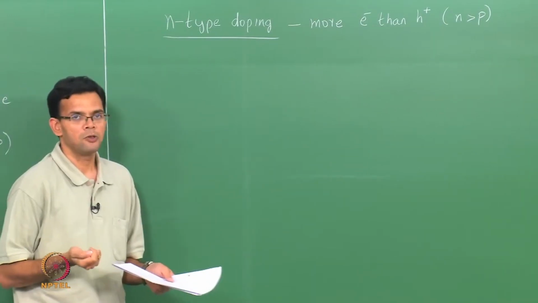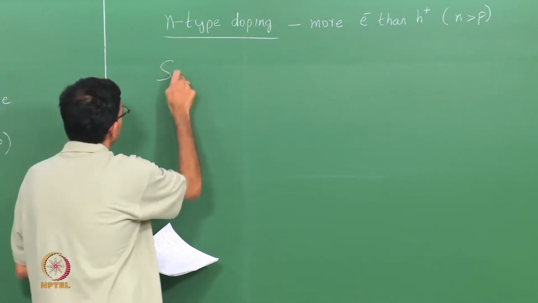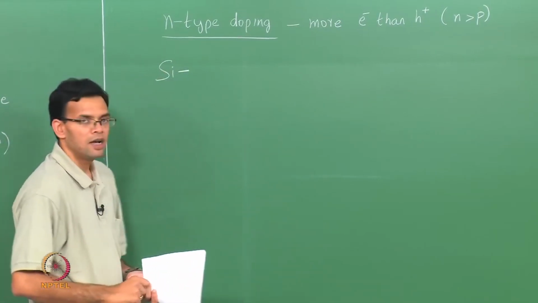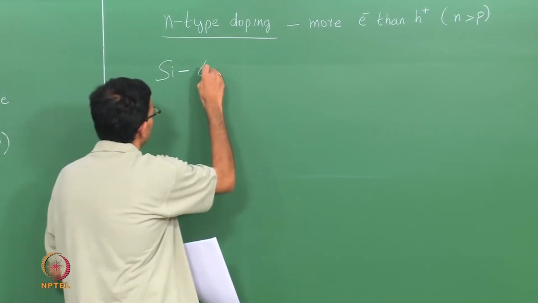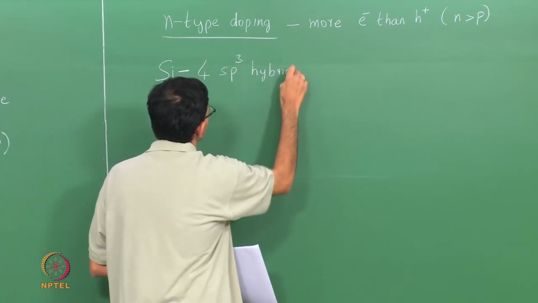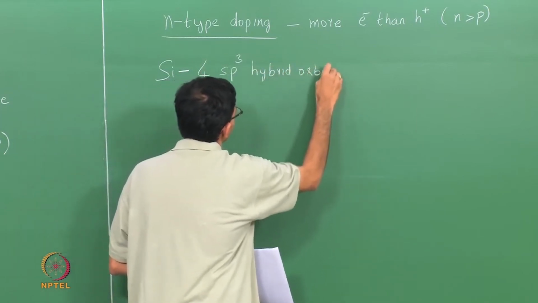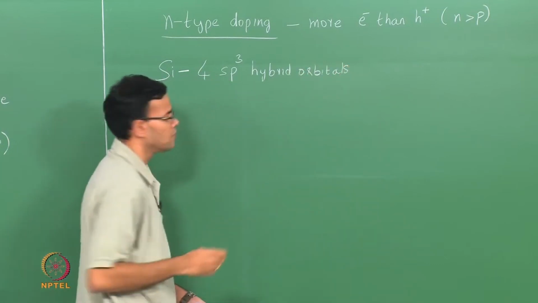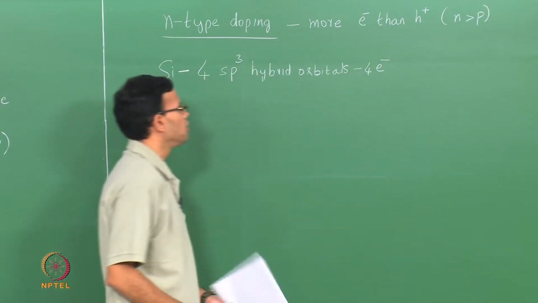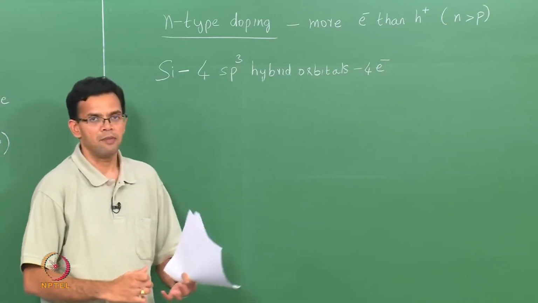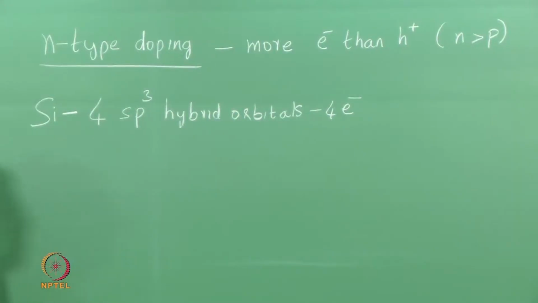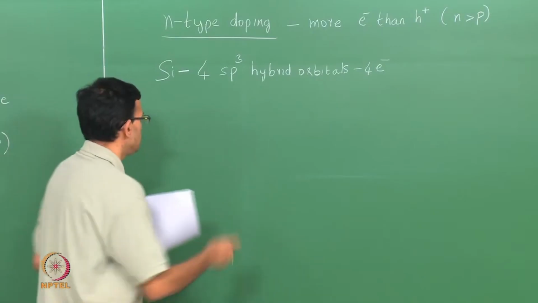So, let us go back to our model of silicon. We said silicon has 4 electrons in the outer shell, 2 in the s and then 2 in the p, which forms 4 sp3 hybrid orbitals, which gives you 4 electrons. Now, these orbitals are arranged in 3 dimensions in a diamond lattice, but just for the sake of illustration I will show them on a 2D lattice.